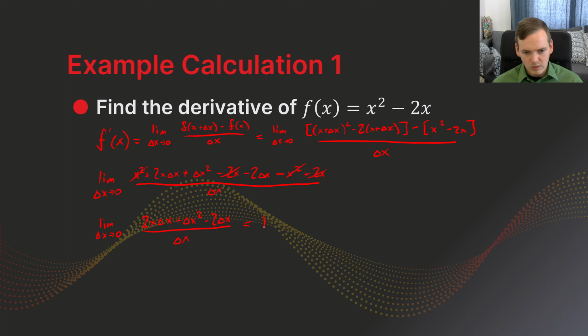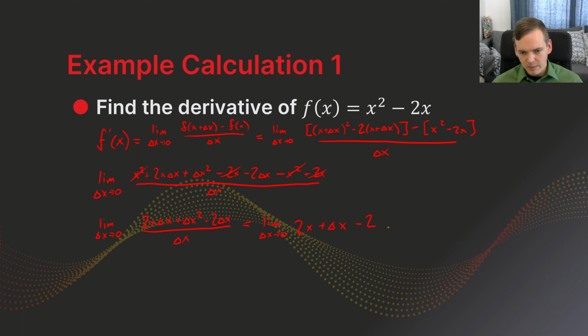So this is also equal to the limit as delta x approaches 0 of 2x plus delta x squared minus 2. So that shouldn't be squared, that should just be delta x. So 2x plus delta x minus 2.